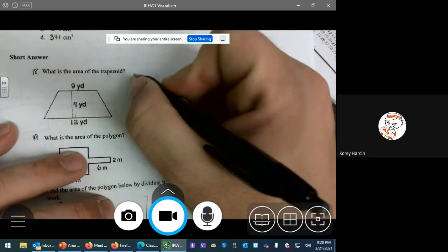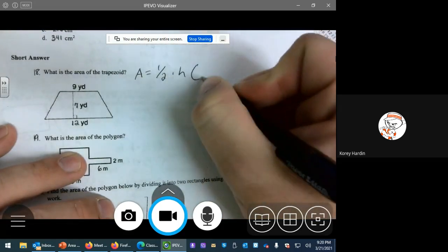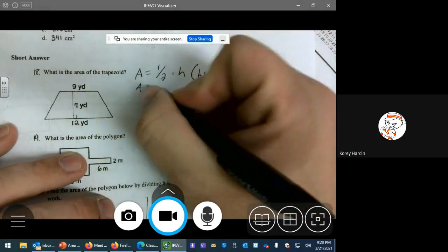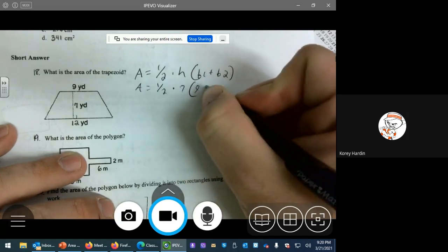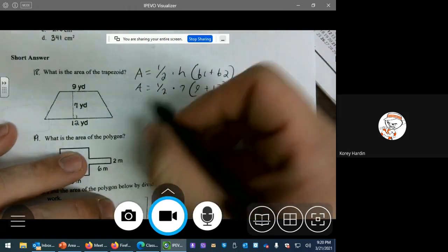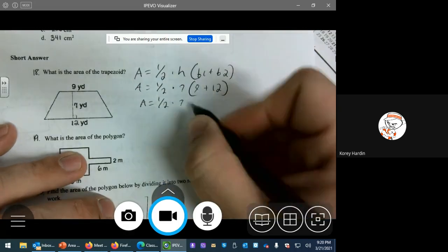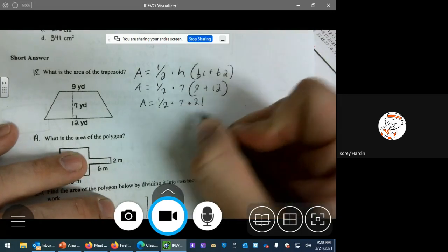Trapezoid area equals 1/2 times height, and then parentheses b1 plus b2. So area equals 1/2 times 7, 9 plus 12 inside the parentheses. PEMDAS order of operations gives me 9 plus 12 first. 9 plus 12 is going to be 21.